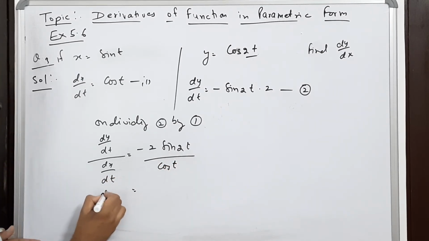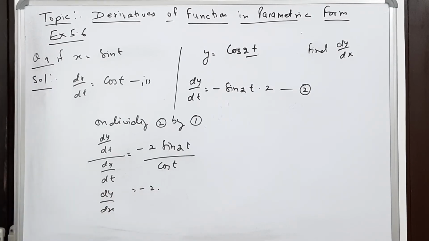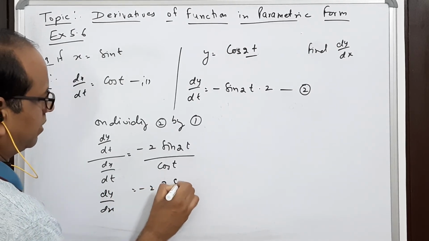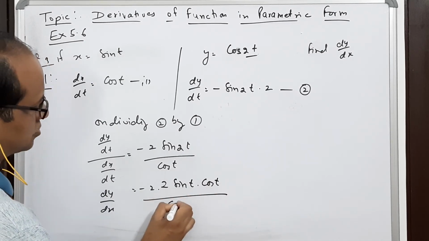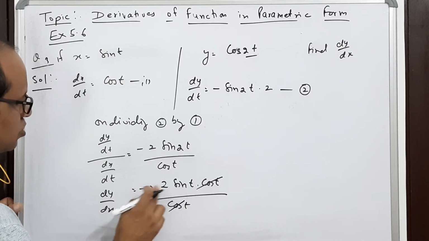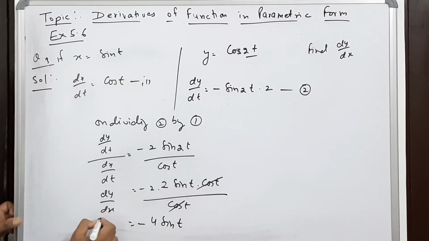So the answer is dy by dx equals minus 2. Now what can we write for sine 2t? We will use a little trigonometry. So sine 2t will be 2 sine t cos t upon cos t. So cos and cos cancel, and minus 2 into 2, it is minus 4 sine t. So that is the value of dy by dx.